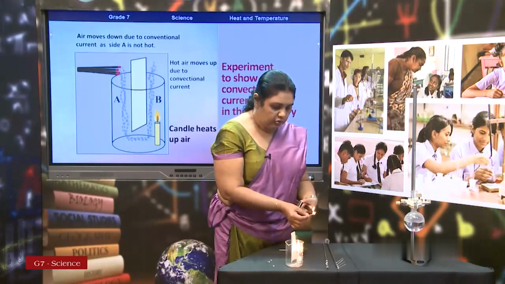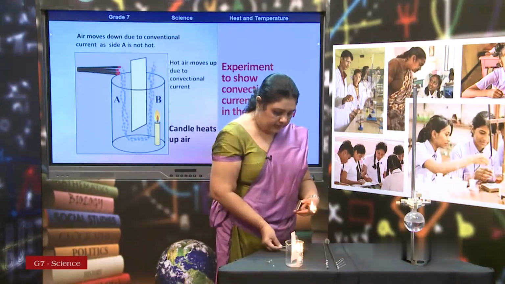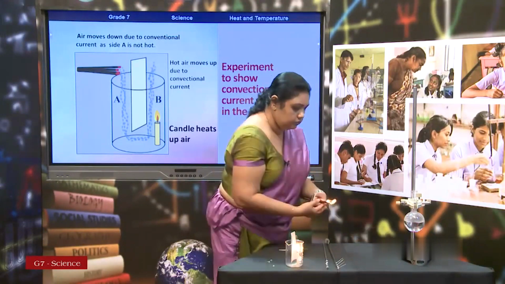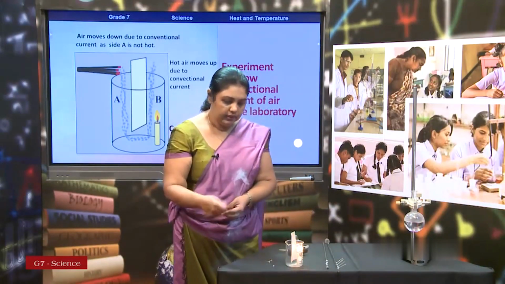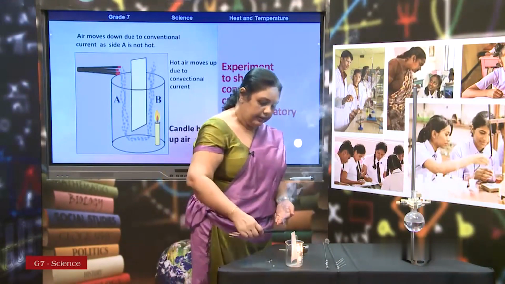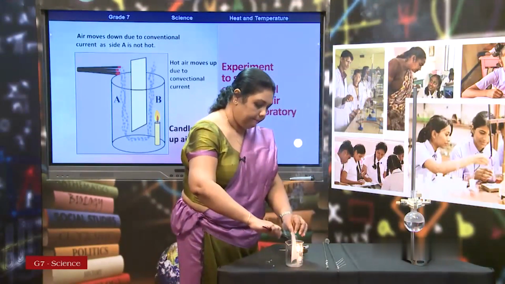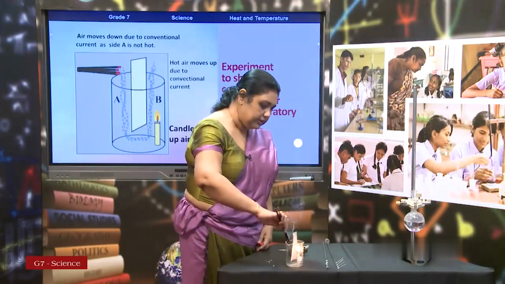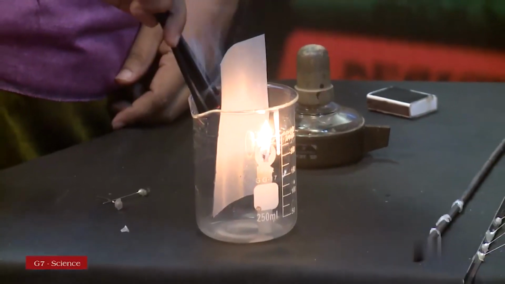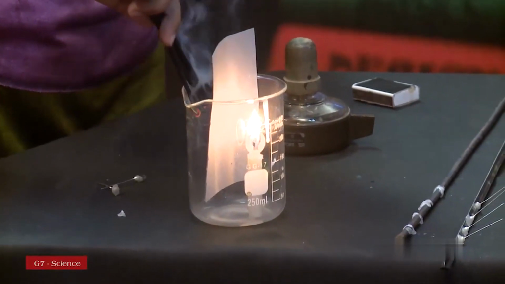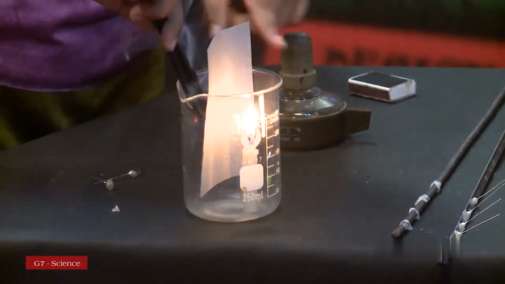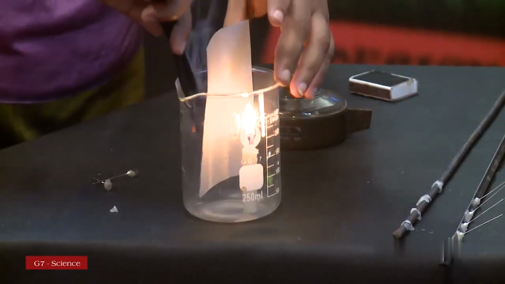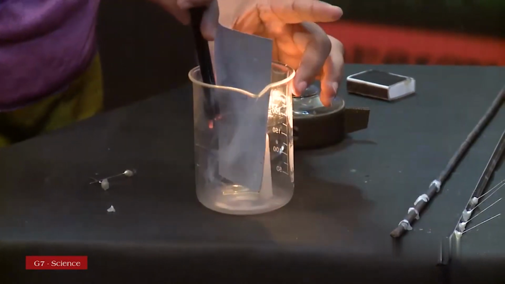Then you have to have some smoke producing material. Best is this. Okay, we will see. When this is kept here, when that part is getting heated up, now it has started moving. Just moving out, but observe very carefully what happened to the air which is moving down. Hope you can see that.